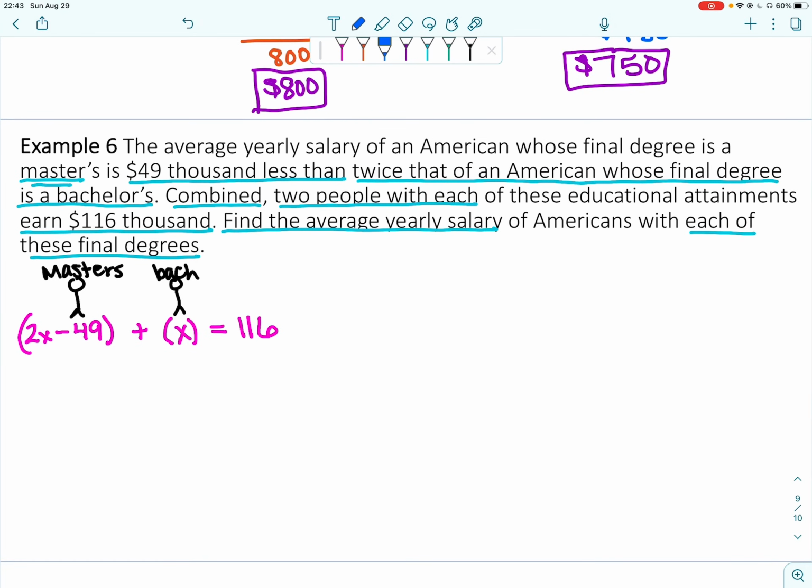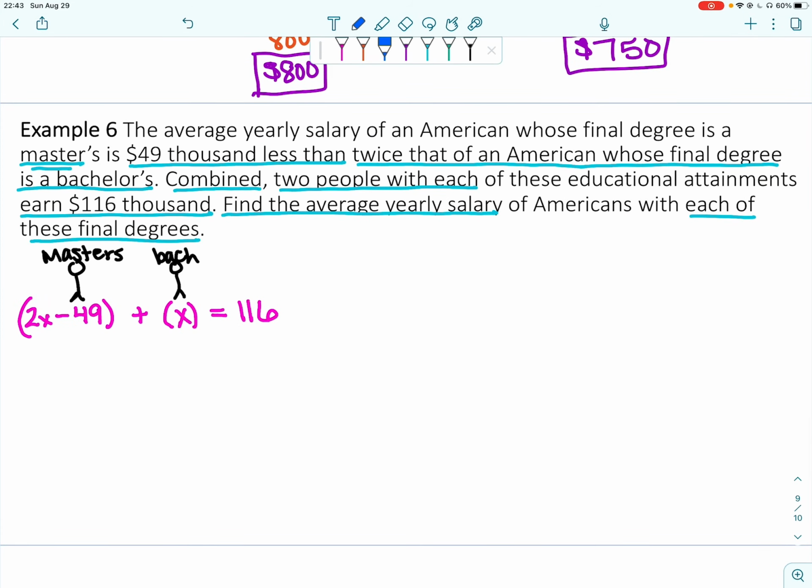And this is our formula. And it's complicated to get to. So I'm going to rewrite it. 2x minus 49 plus x equals 116. Well, notice I have 2x plus another x. So I have 3x minus 49 equals 116.